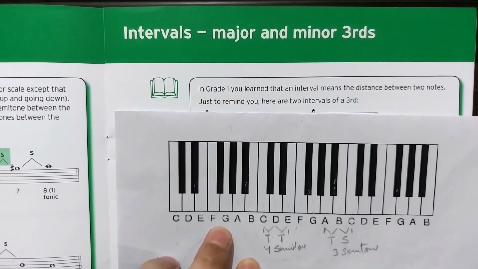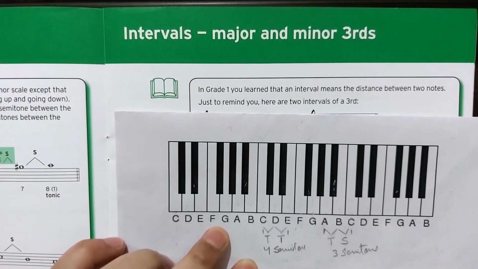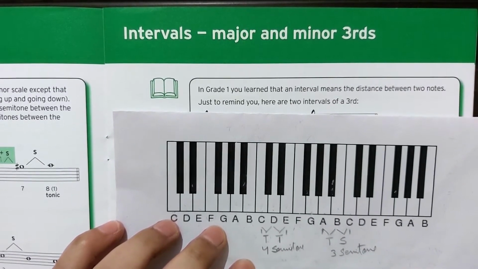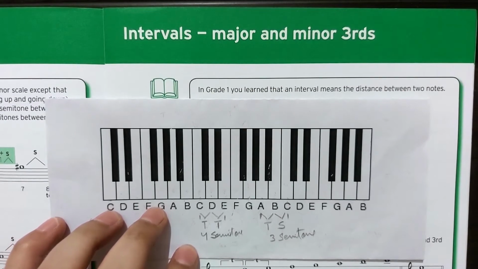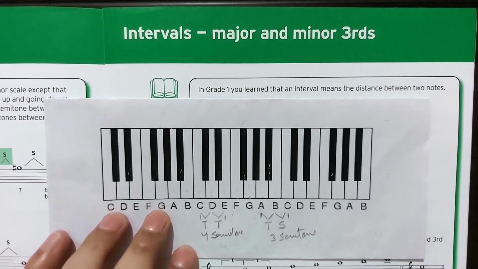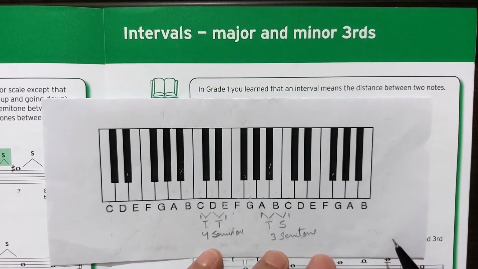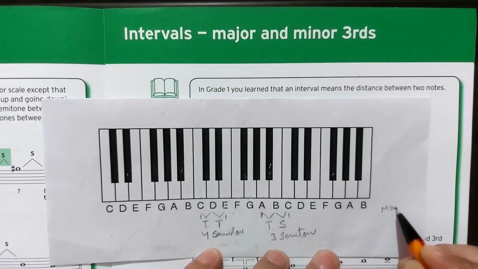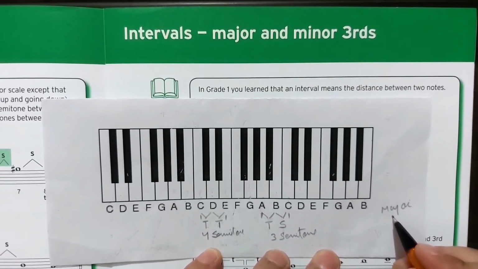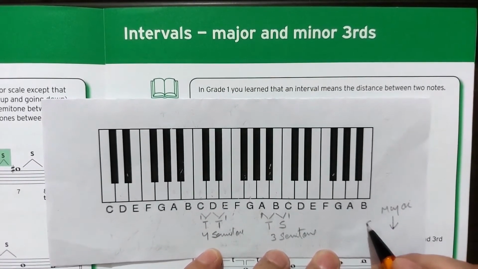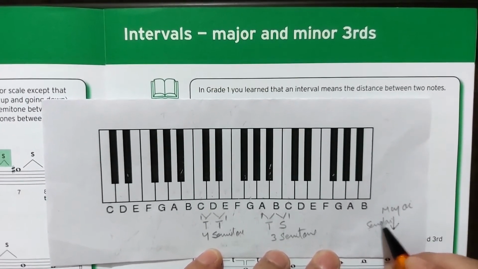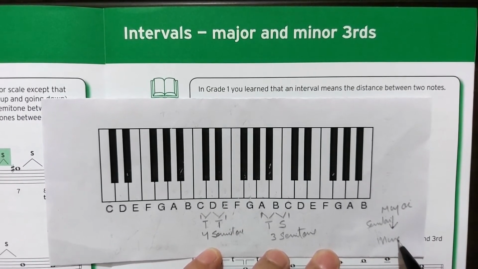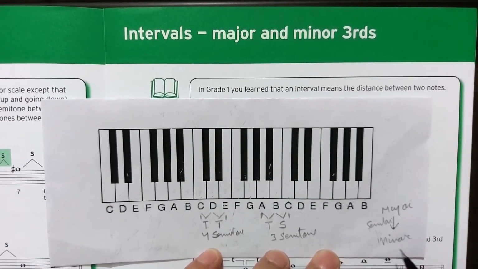So the main thing to remember: right now you're learning about major third and minor third, but no matter which major interval it is, if you come down from major by half a step, one semitone down, it becomes a minor interval.